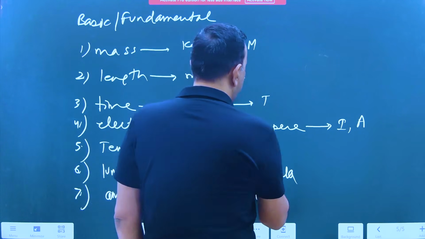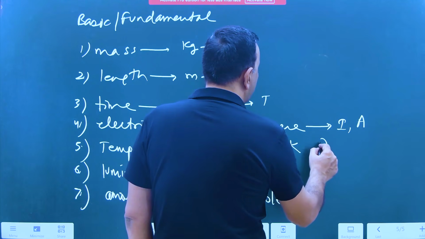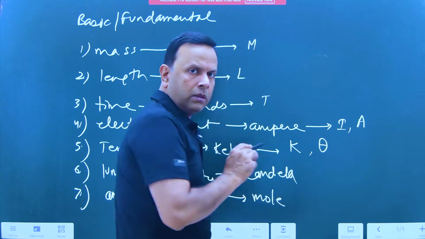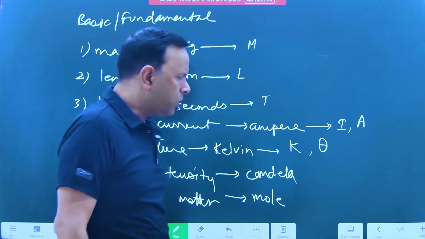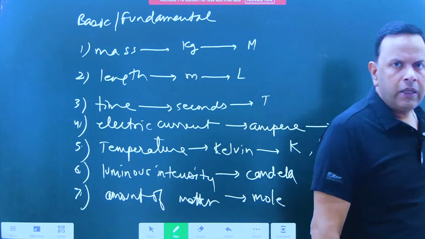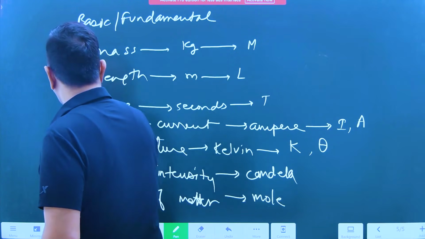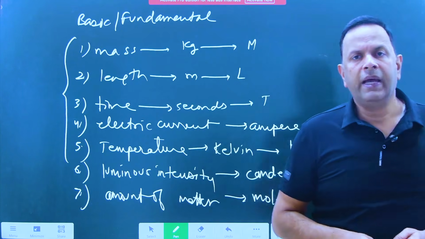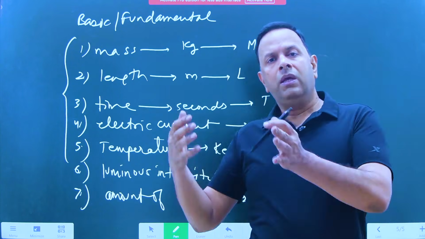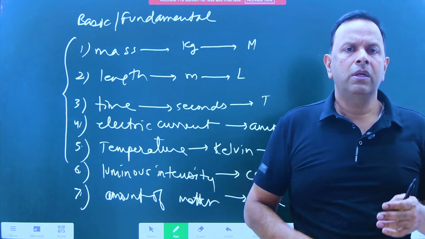For temperature, the symbol used is either K or sometimes theta, the same symbol we use for the angle. Now why am I telling you the symbols of these 5 physical quantities? Because in the next topic of dimensional analysis, we will be needing these symbols.